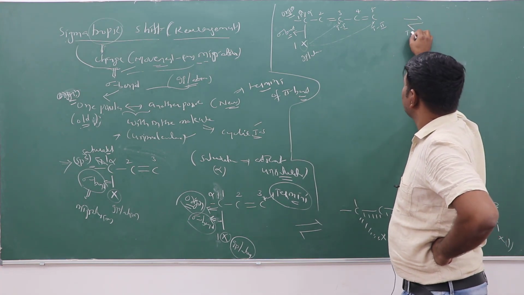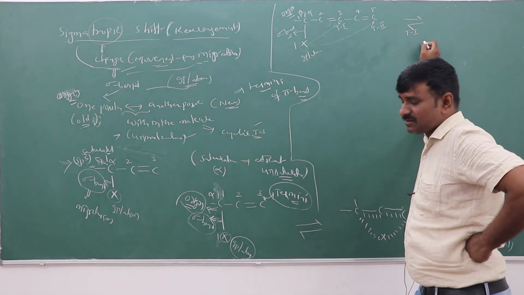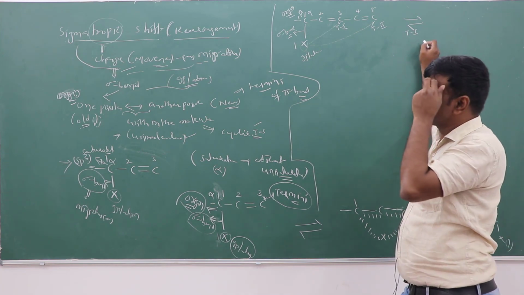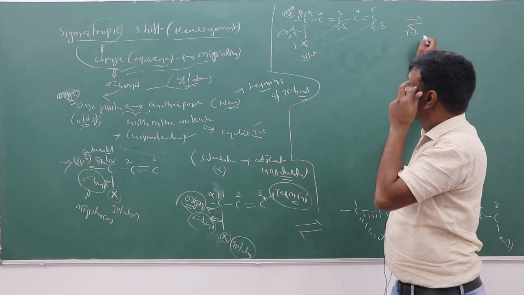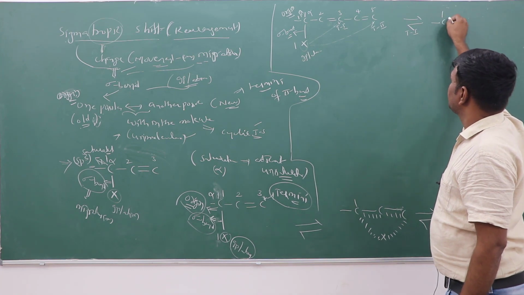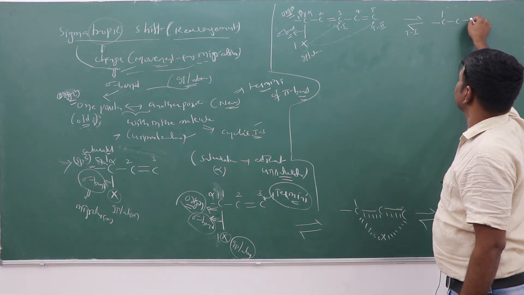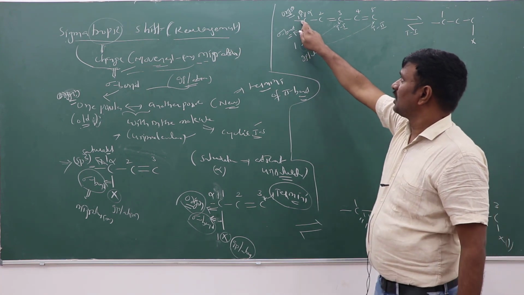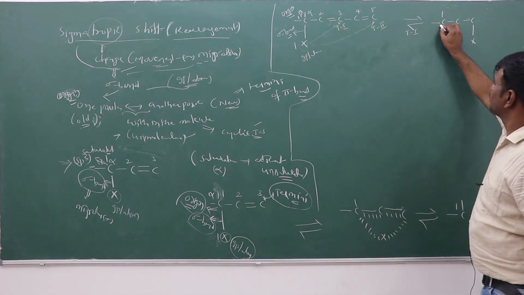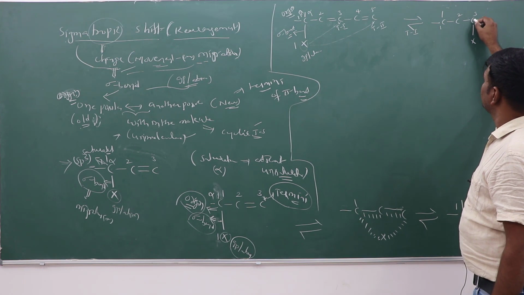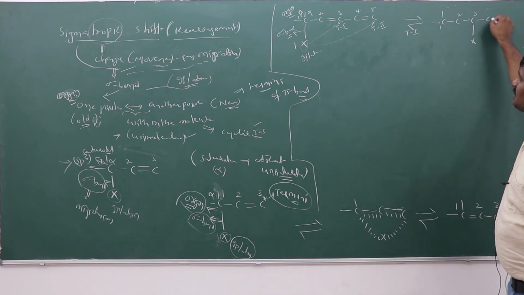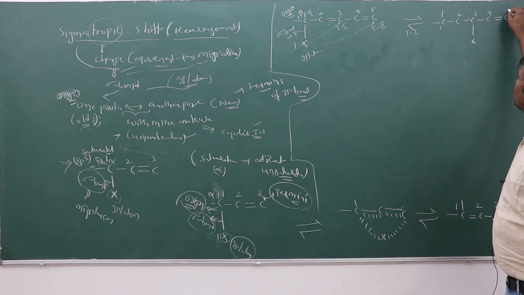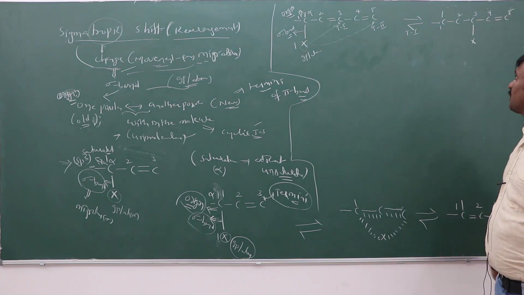If migration takes place to the termini 1 position, what will happen? The 1,1 position shifts to the 1,3 position. The 3 position is attached to C double bond C, 4, 5. This is the termini position.